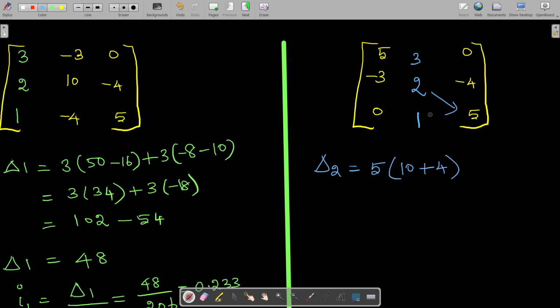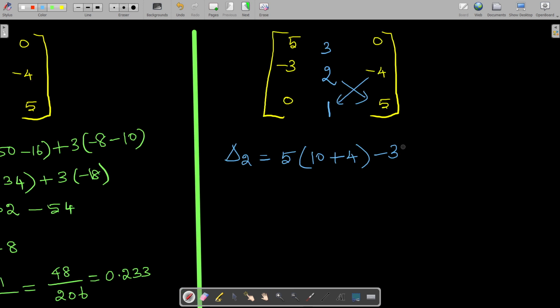So we do this, right? Then this 3, that means minus 3 multiplied by, so this 3, there we have to do this, this is 0. Then minus 3 into this 5, isn't it? So it is minus 3 into minus 15.